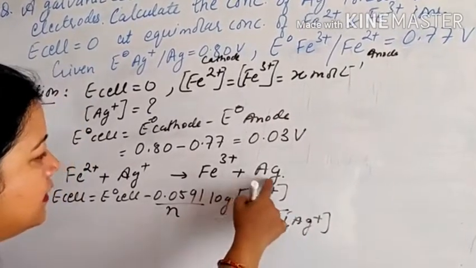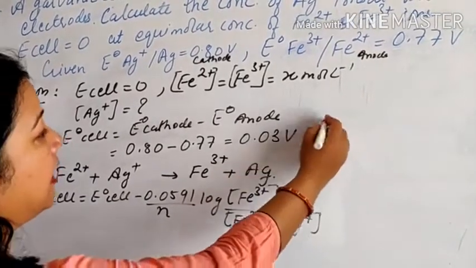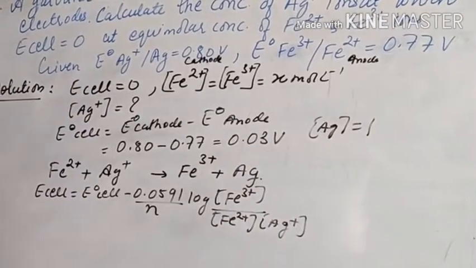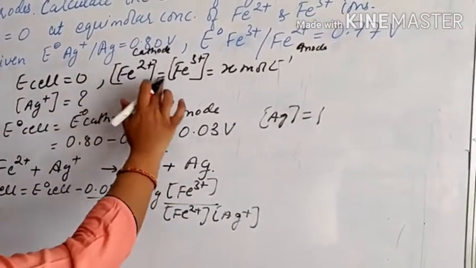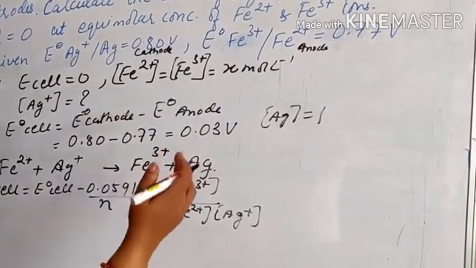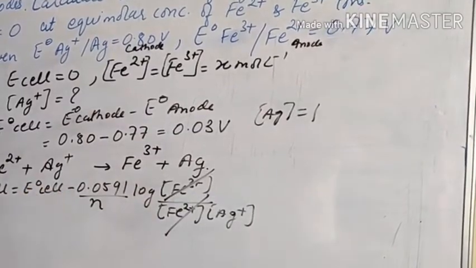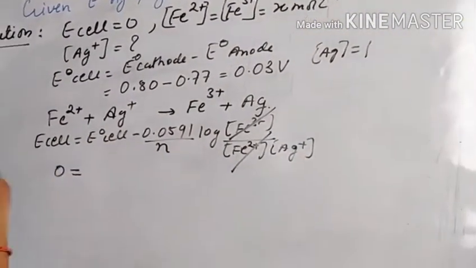Ignoring Ag from the equation, because the concentration of pure solid Ag is taken as unity, equal to 1. Now since the concentrations of the two ions are equal, that is x, x and x will cancel out. And E cell is given as 0.